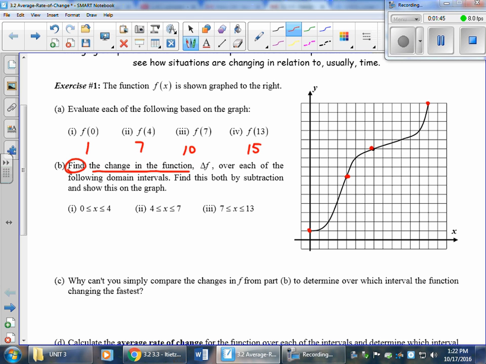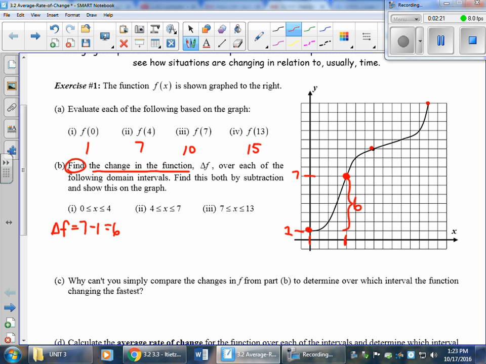Between 0 and 4, between this point and this point, the y values are 7 and 1. So it's going to be 7 minus 1, which is 6. Basically that means from here to here, we have a change of 6.